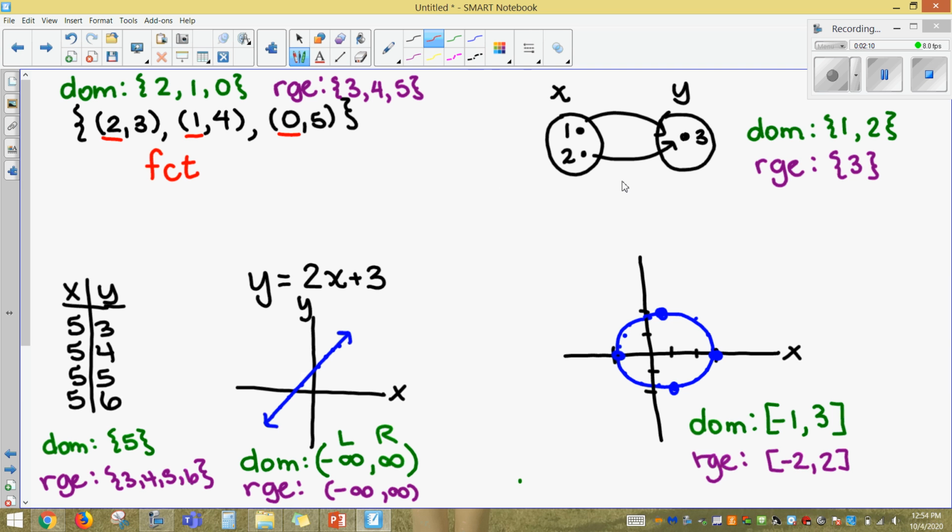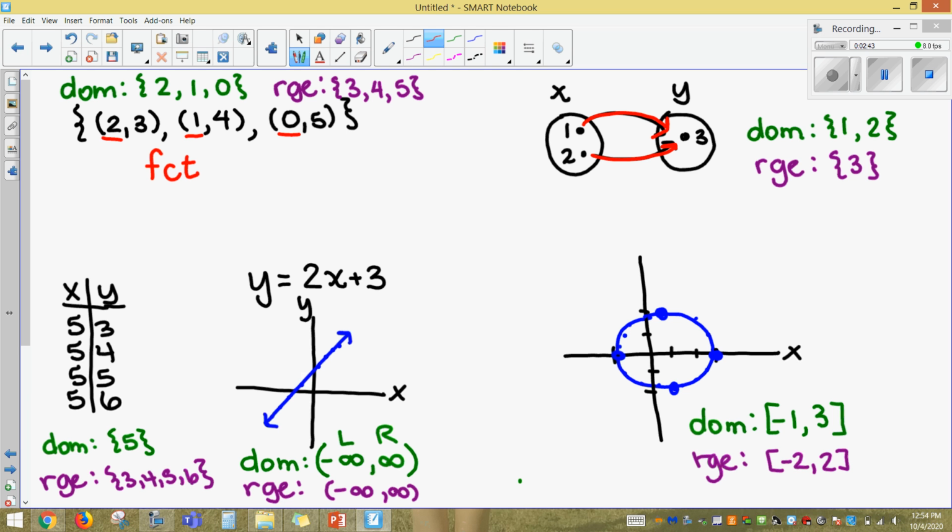If we look over here at this diagram, our definition of function is that each x from the domain is paired with exactly one y from the range. So again, I'm going to think about x value of 1. I pair it up with 3 for y. The x value of 2, I also pair it up with 3 for y. But by definition, each x in the domain is only given one y from the range.